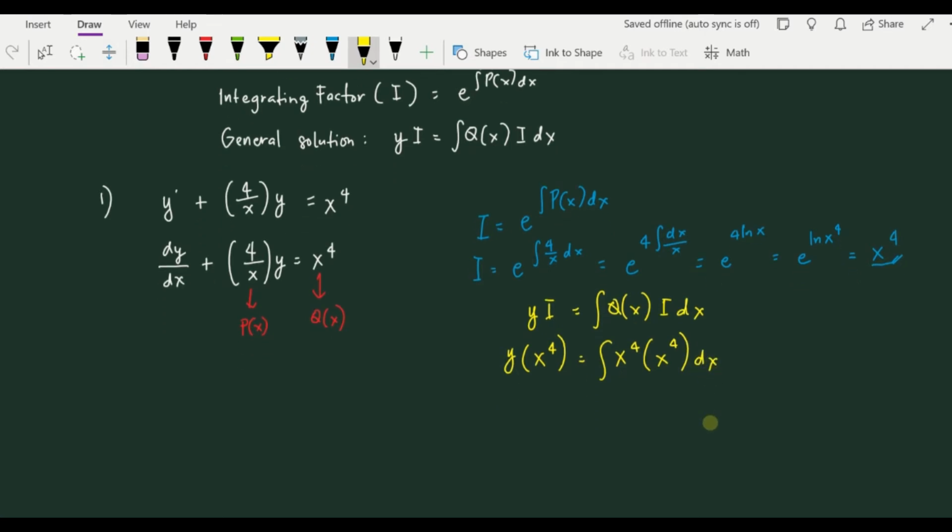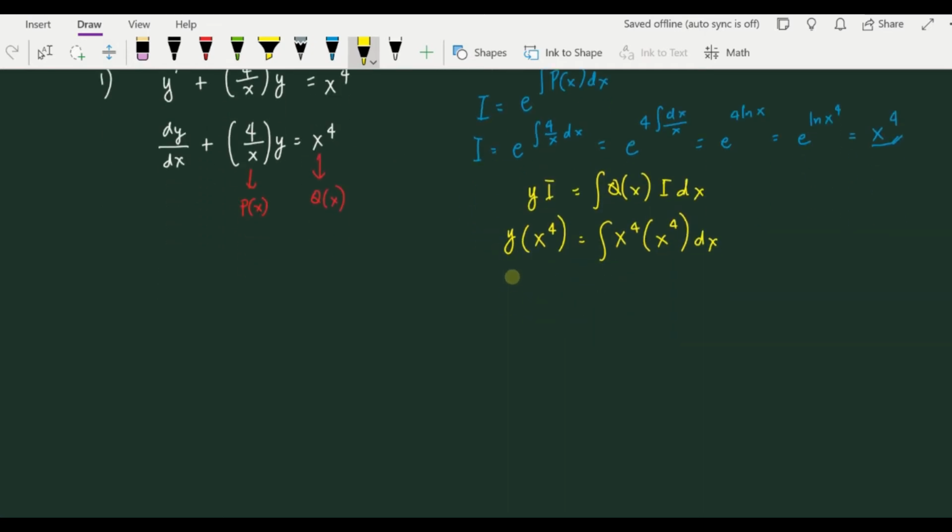Okay. So, ang next, multiply lang natin, that will be x to the 4th y equals the integral of x to the 8th dx. So, simplify, x to the 4th y equals, the integral of x to the 8 is x to the 9 over 9 plus c. Okay?